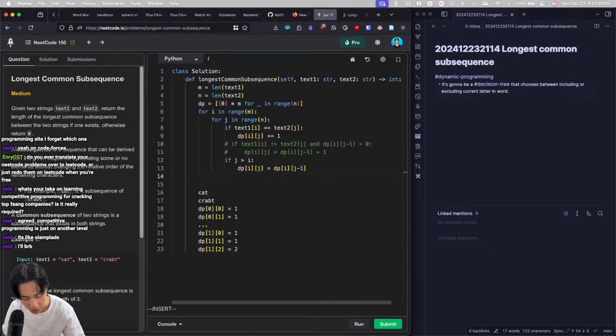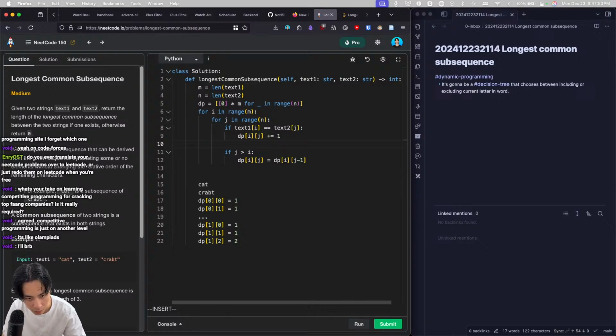I know this is getting ugly, right, but let me just remove it actually. Alright, if j is greater than I, that's what happens. Again, I'm neglecting the fact that j minus 1 could error here very easily.